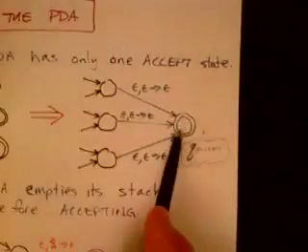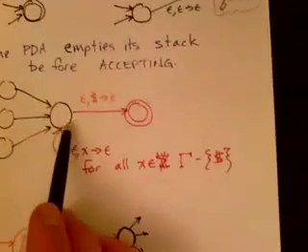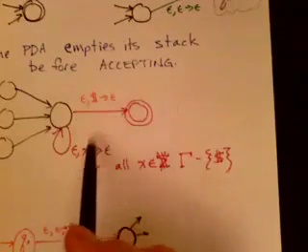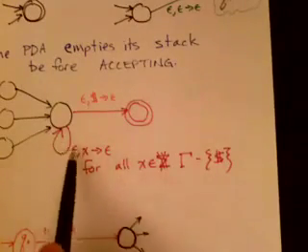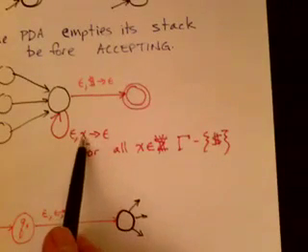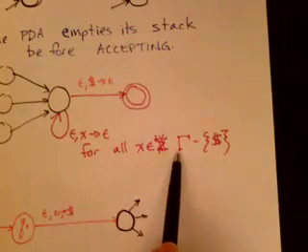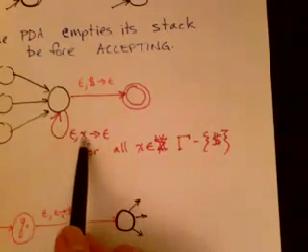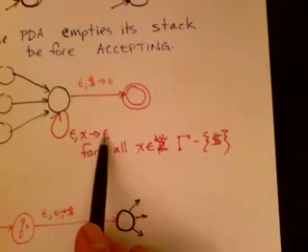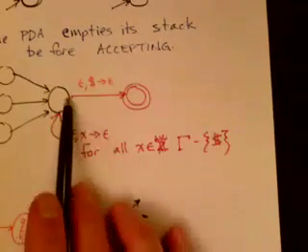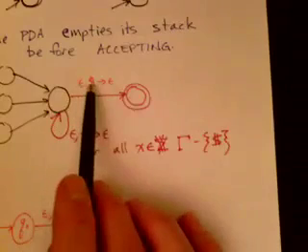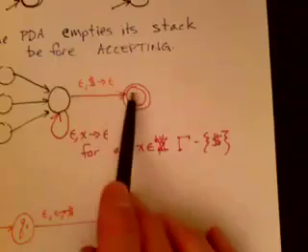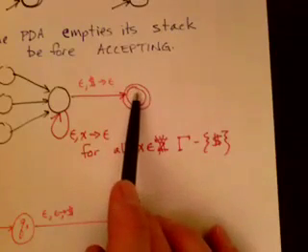This state here is no longer an accept state, and instead we add transitions that will pop anything left on the stack. So for every element of the stack alphabet besides $, we have an edge that does nothing but pop that symbol from the stack. And we have another transition that finally pops the $ sign from the stack and moves us to our accepting state.